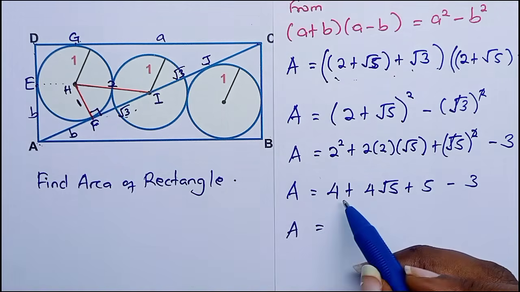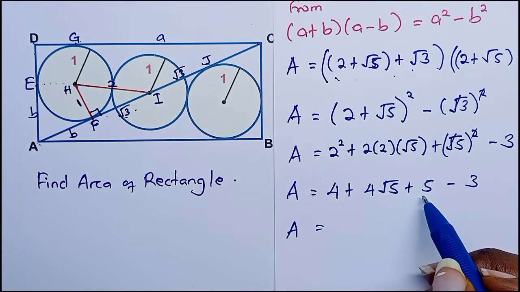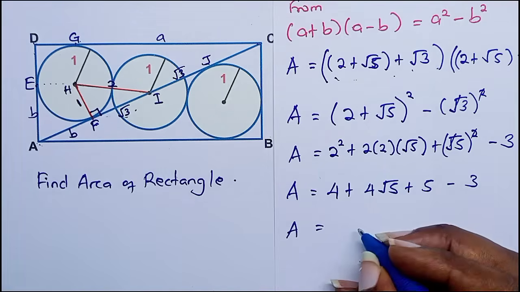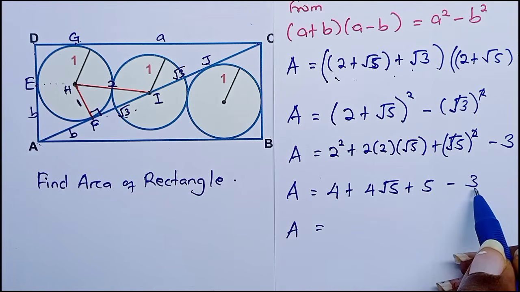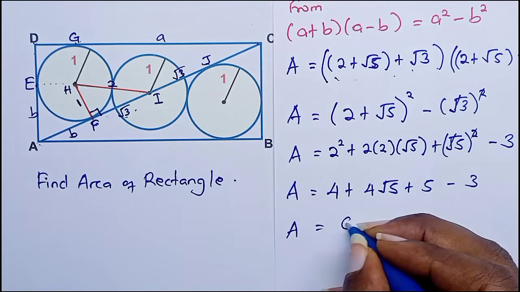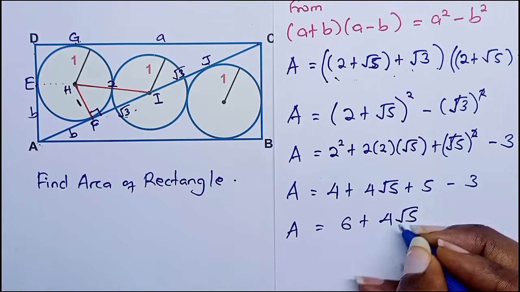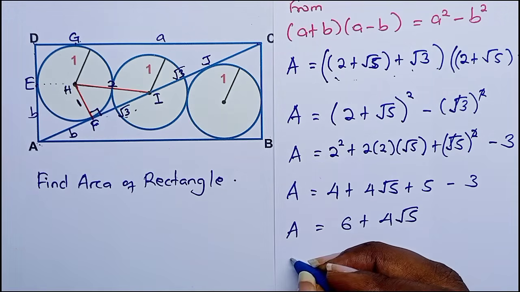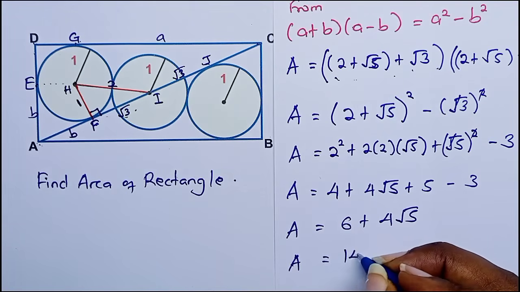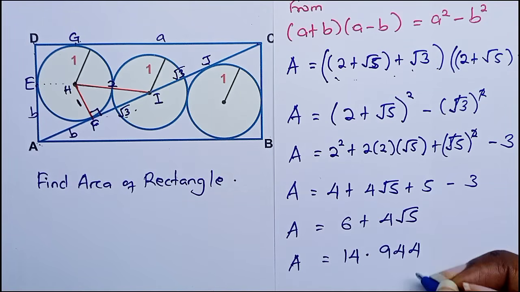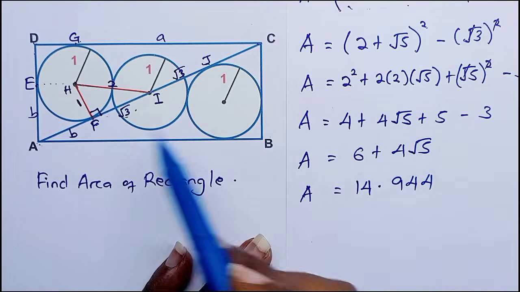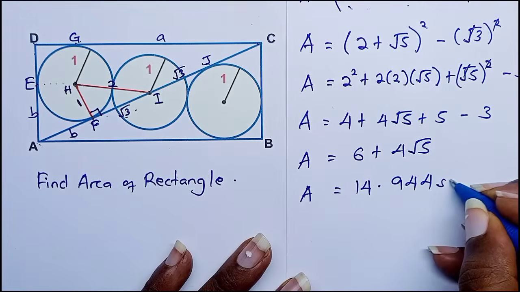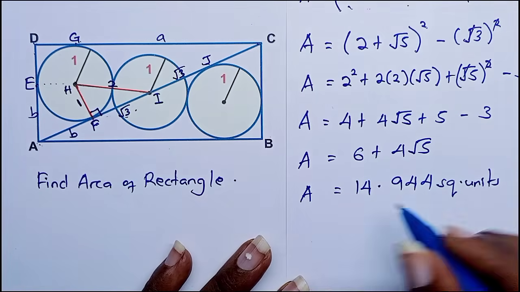And so A is equal to 4 plus 5 is 9. So 9 minus 3 is 6. So we have 6 plus 4 root 5, which is equal to 14.944. So this is the area of the rectangle ABCD in square units.